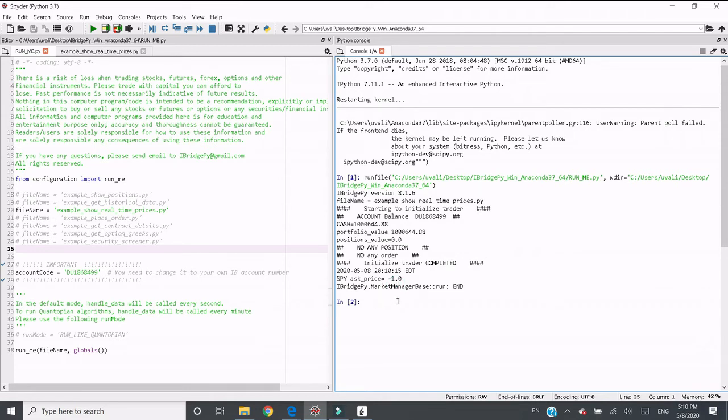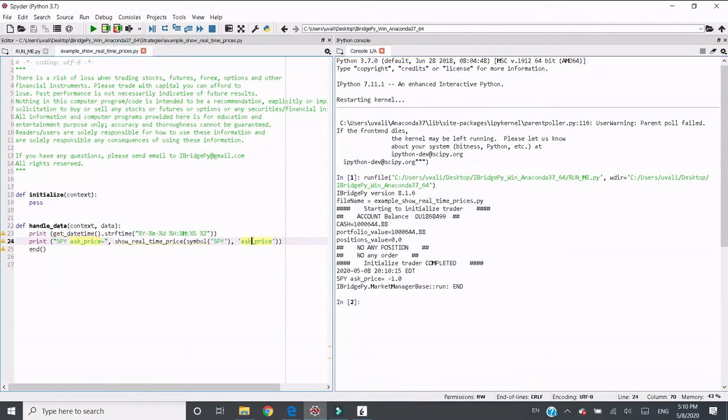The US market is closed, so the ask price is -1.0. However, I put last price, and last price is the last price actually traded, so it has a real price.